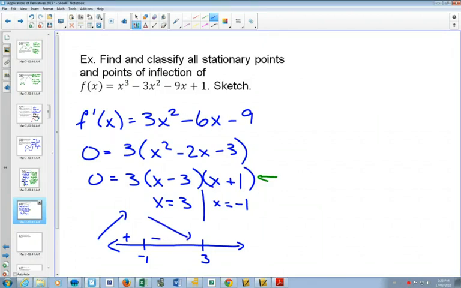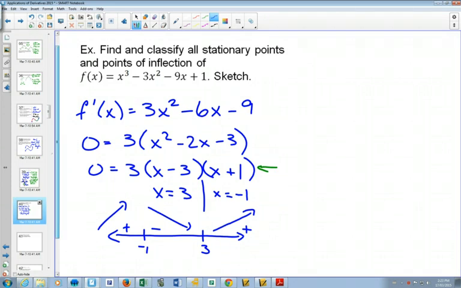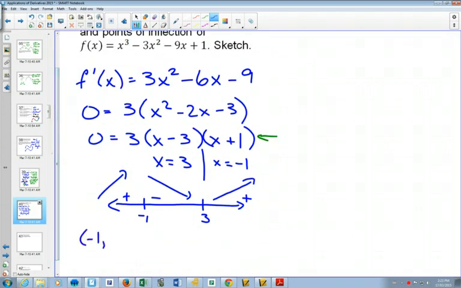And if I plug in a number larger than 3, all of those will be positive. So it's increasing. So we know that negative 1 comma something is going to be a local max. And we know that 3 comma something is going to be a local min.